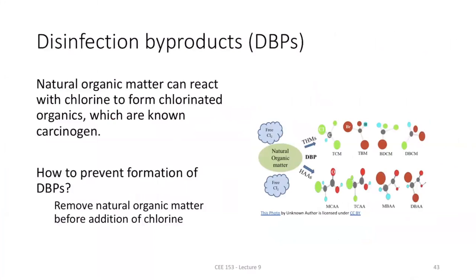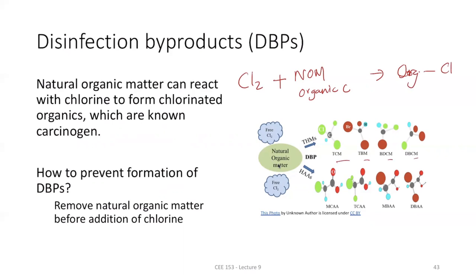One thing you have to remember is the disinfection process can create other harmful organic chemicals, disinfection byproducts. When chlorine reacts with natural organic carbon, NOM, it produces organic carbon with chlorine bonded to it, like TCM, all the things given here.